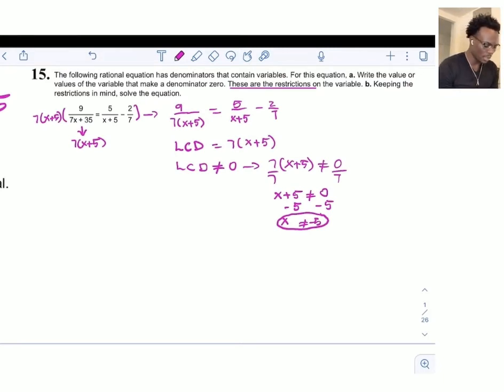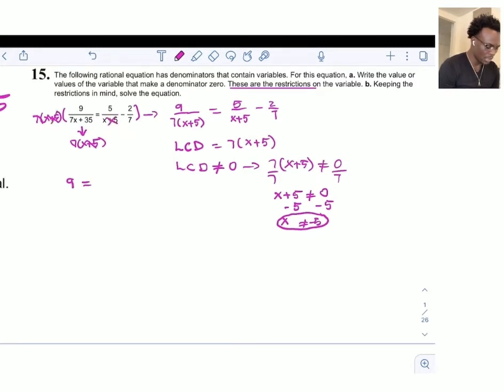How do we do that? 7 cancels 7, x plus 5 cancels x plus 5. On the first side, I'm left with 9 equals. On the second side, what we will cancel is just x plus 5.